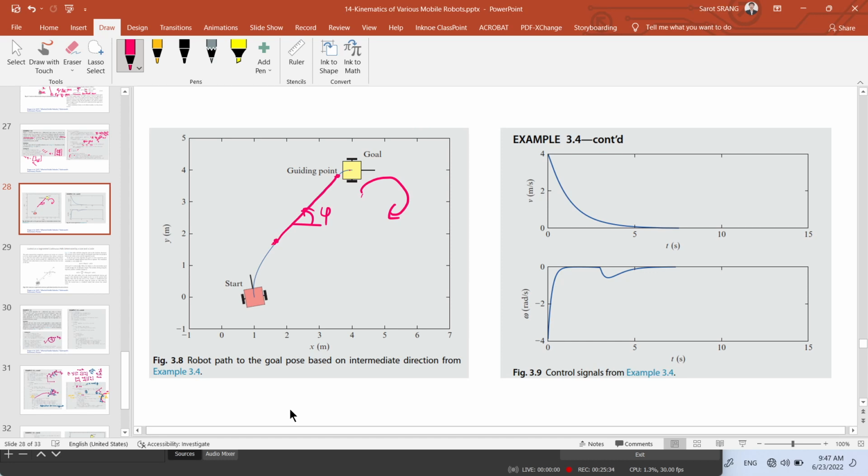Why? Can you give an idea, Sabun? The question is why this algorithm can be applied to a differential drive wheel, but cannot be applied to a car-like robot.